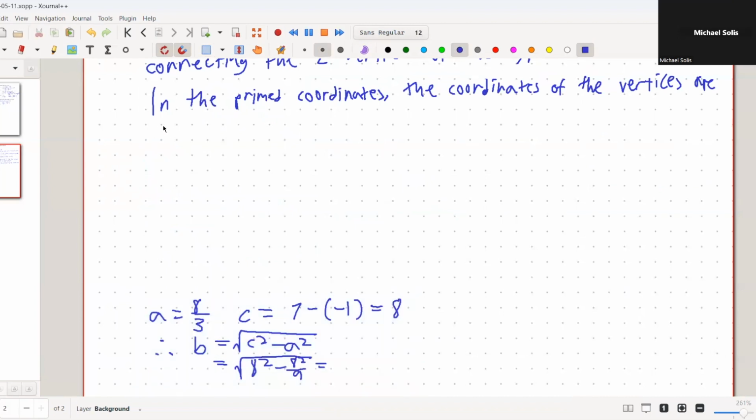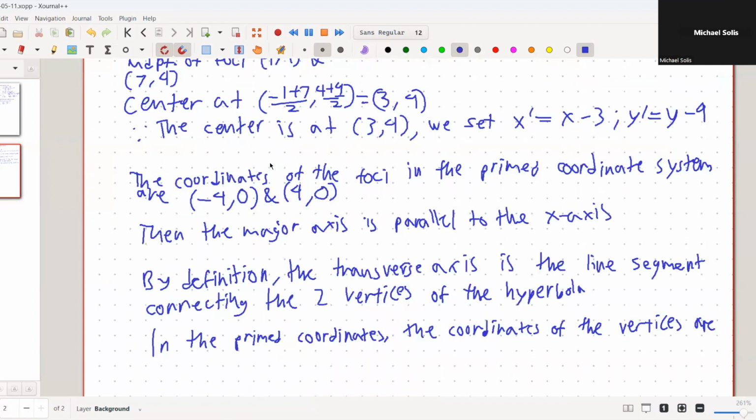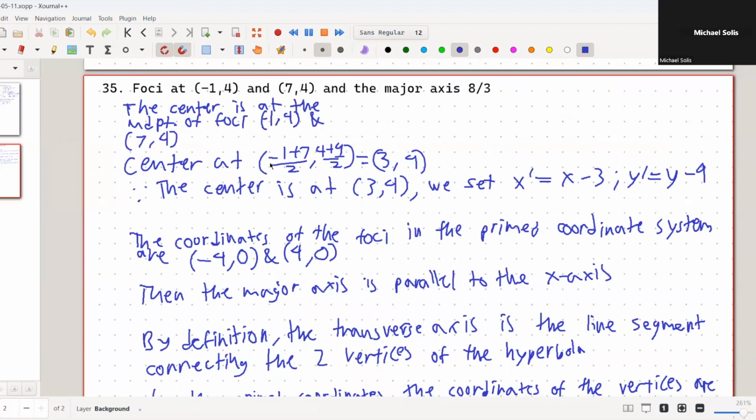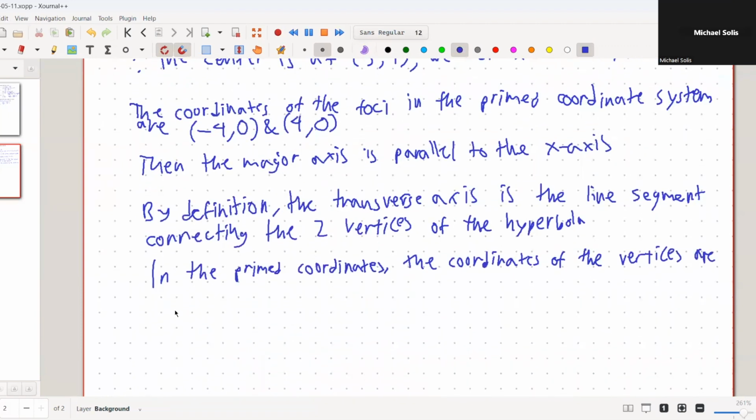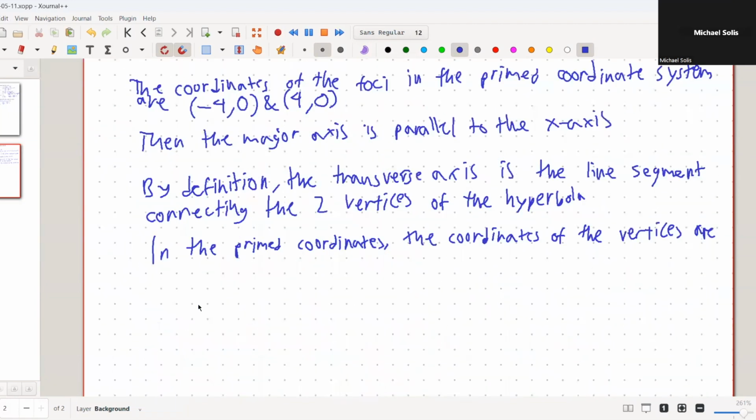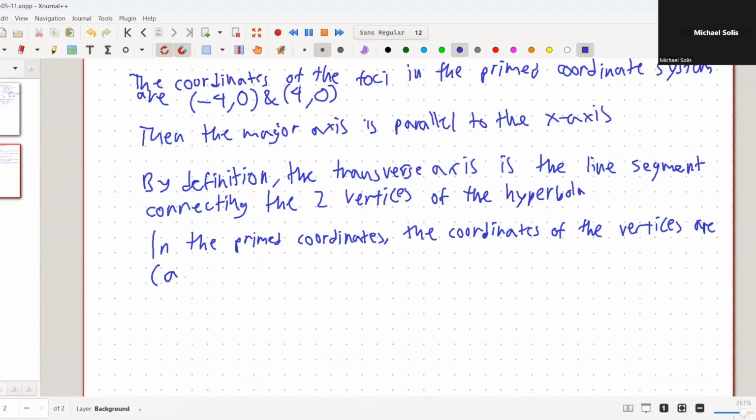So in terms of A, B, and C, what are the coordinates of the vertices? We know that the transverse axis is parallel to the x-axis, which means the vertices are at plus or minus a, 0.